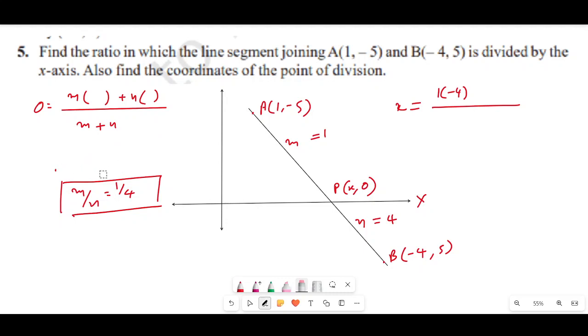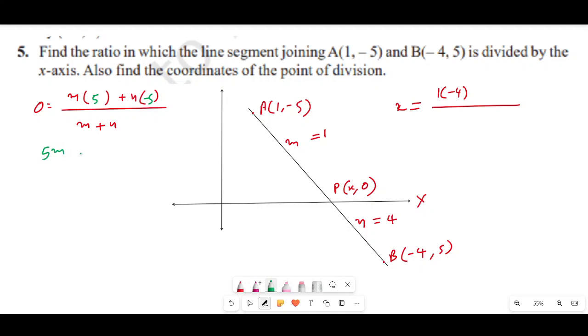Sorry for that. Now here we will put the value of m. For m we will write 5, and for n we will write -5. Clear?